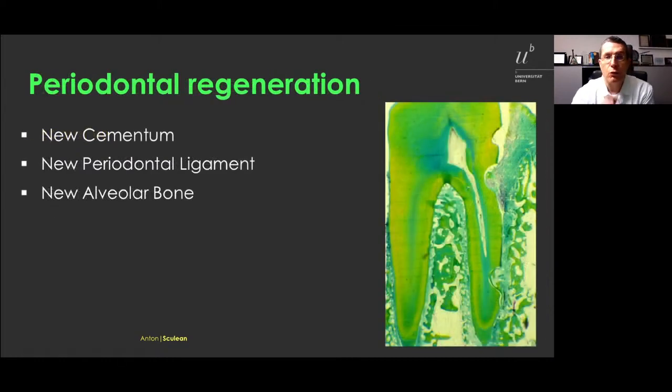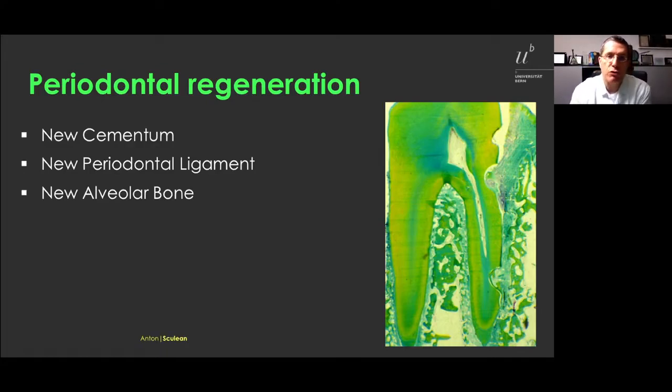So what do we understand when we use the term periodontal regeneration? Because this is very important. Many colleagues are using the term regeneration based on an X-ray. But if I analyze an X-ray, I cannot make any statement about the quality of the tissue.